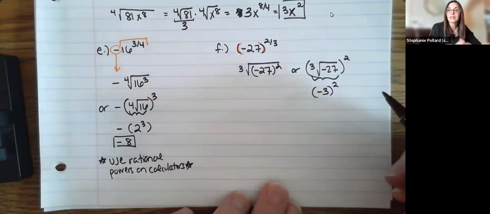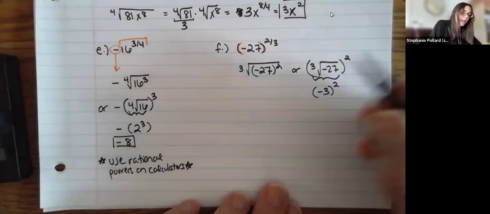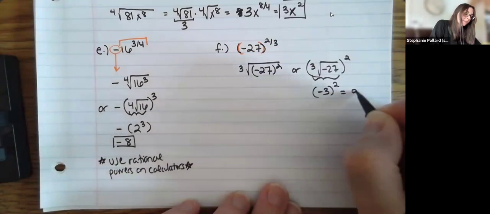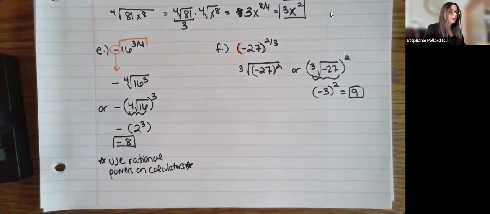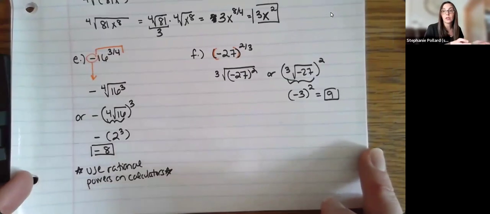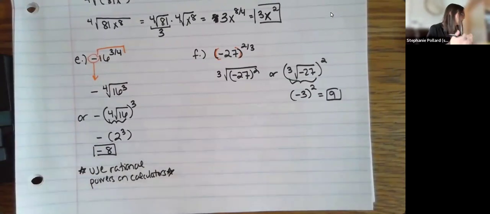So I can do that one because it's a cube that I'm familiar with. And then -3 squared is 9. But of course, you can always check this work on your calculator too. So it's a great idea to get used to checking out those answers, and again, just making sure that you have the correct result there.